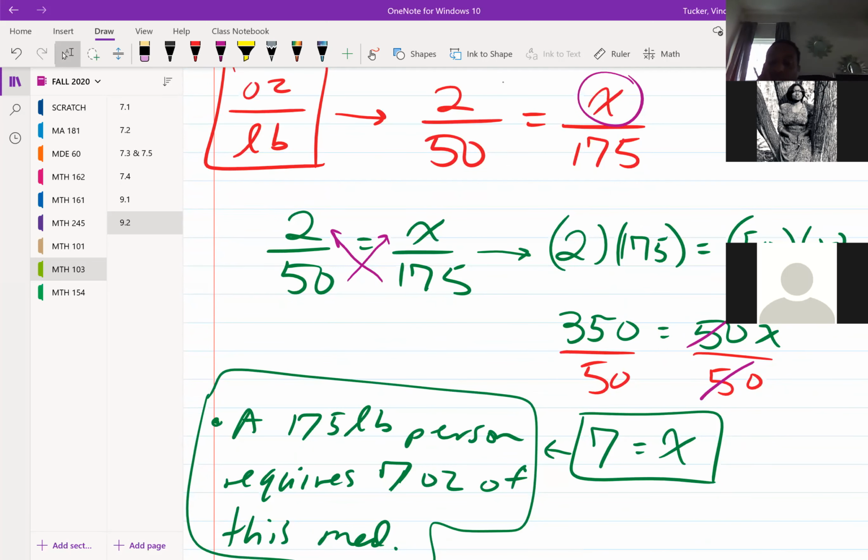X will be equal to 7. So that means for a 175-pound person, they would need 7 ounces of this medication.